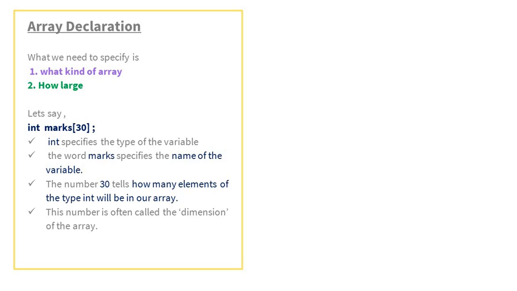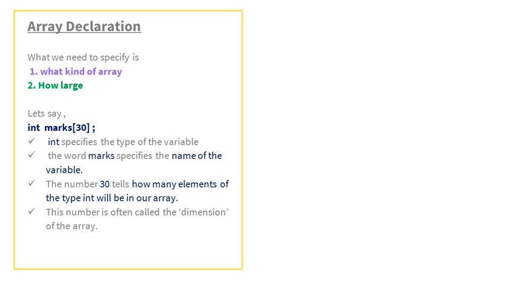This number is often called the dimension of the array. So here 30 is, I can also say, the dimension of my array is 30. Very simple. This is a first dimension, which means here you are just going to store a simple 30 numbers, which are marks. And as I have said earlier, the name of any variable should be relatable.